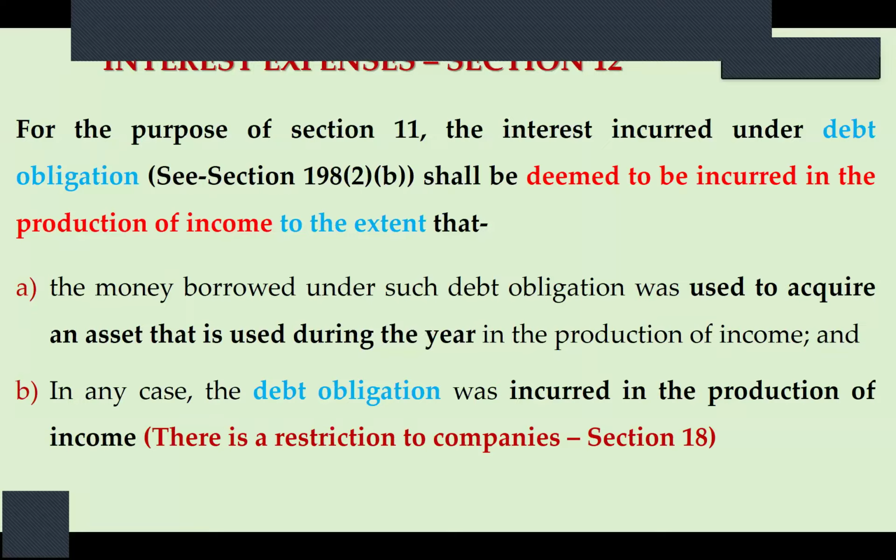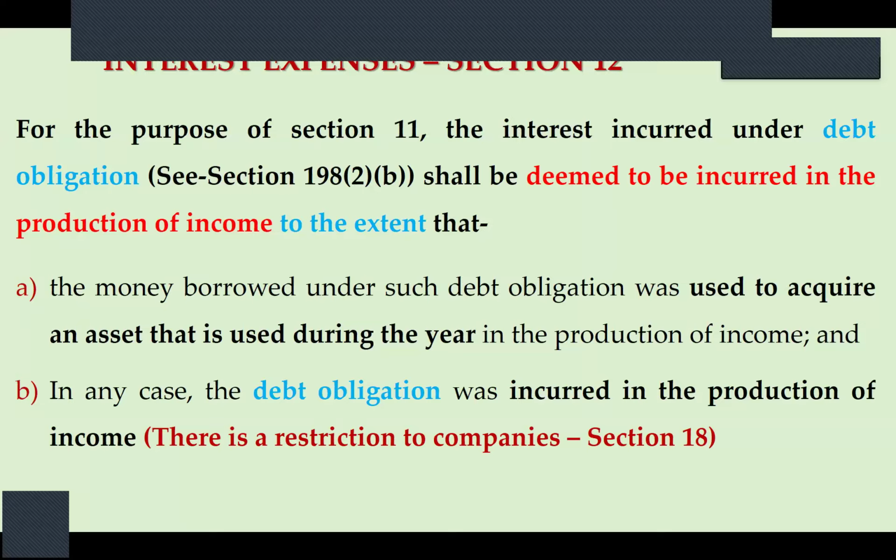If that is an interest expenditure, so we have to think for the purpose of borrowing that debt. Debt obligation means we borrowed money from an institution, from a bank. So we have to consider the purpose of that borrowing money.